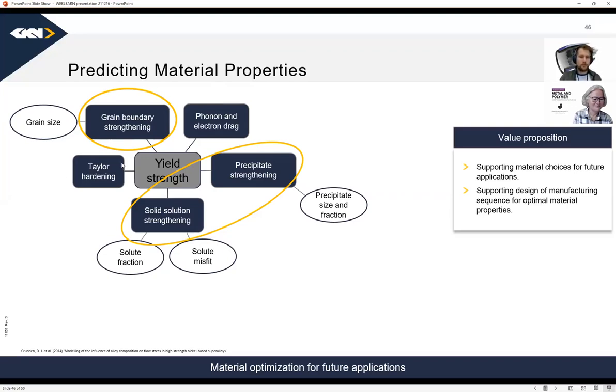Taylor hardening, why aren't we looking at that? Yeah, the Taylor hardening part really is the work hardening of the material, and that would trigger after yield strength mainly. So we have chosen to not include that in the model at the moment. Of course, both of these will probably be included at a later date.